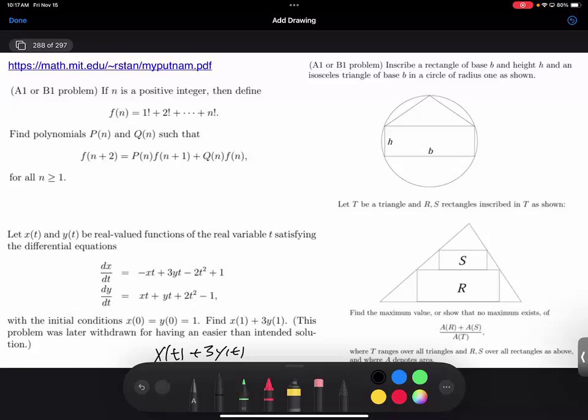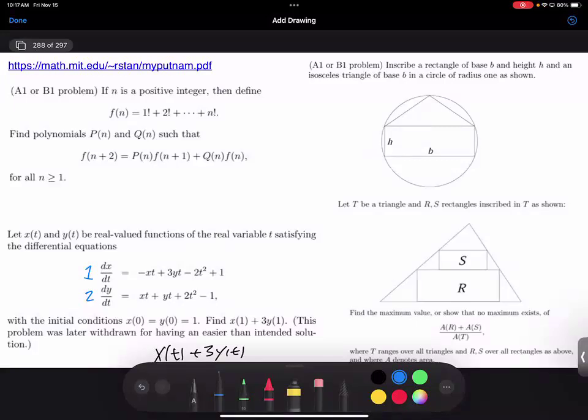Okay, so what do you want to multiply the first one by? 1. By 1? And what do you want to multiply the second one by? Okay, so we multiply the first one by 1 and the second one by 2.